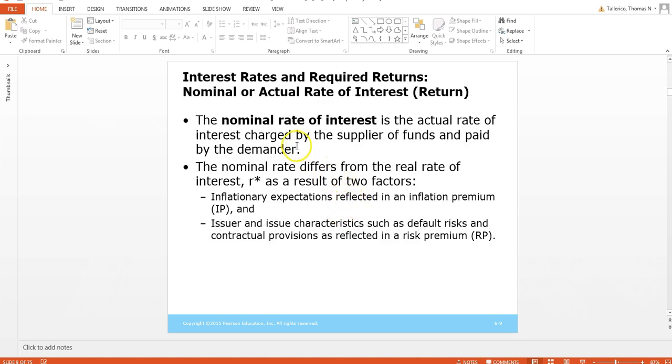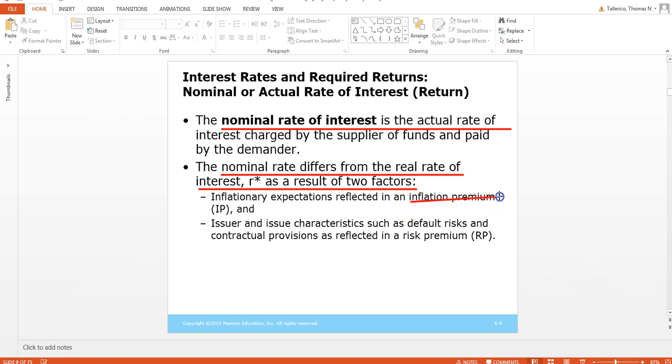All right, so the nominal rate of interest is what you normally get when you go to the bank. You get this nominal rate. And the nominal rate is part of a simple math equation of interest rates. The nominal rate is different from the real rate because of two factors.